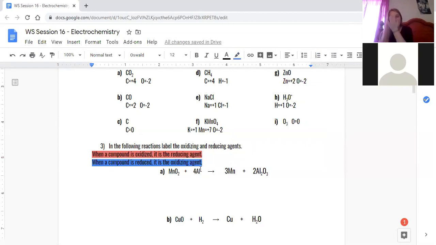Okay. So with this first one, we're going to look at it. It's easiest if you look at these first ones, which are kind of by themselves. So you have aluminum by itself. So anything by itself, its oxidation state is 0. So we're going to see how aluminum changes.